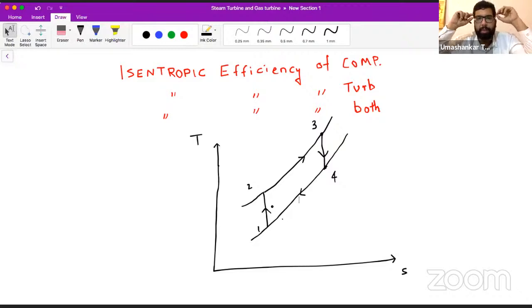So the first statement is, whenever the term isentropic efficiency comes, there will be some losses. When you go from ideal condition to actual condition, for sure some losses will be there.